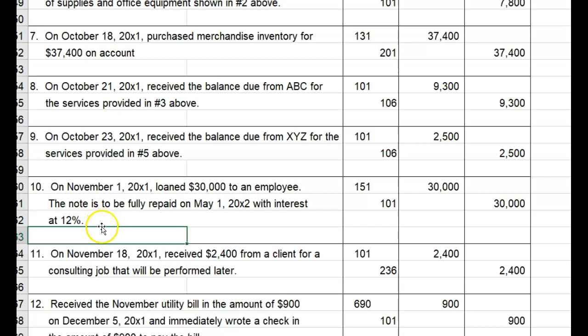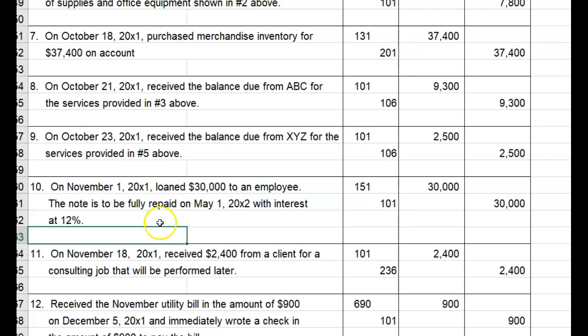We have loaned the money to the employee, but the employee has not used our money for a full 12 months. The employee got the money on November 1st, and used the money during November and December of 20X1. So the interest that the employee owes us as of December 31st is 2/12 worth of interest.